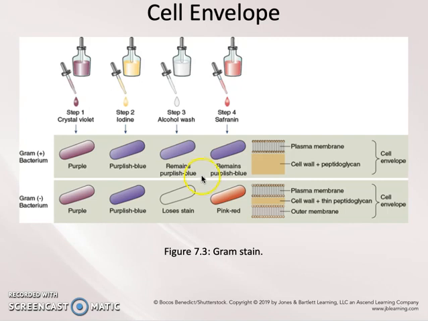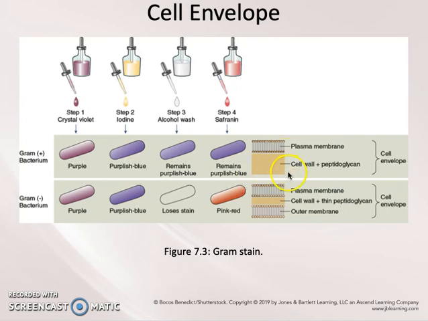At this point, you would only be able to see the gram-positive cells because the gram-negative cells would be clear or transparent. So instead, we use a second stain that's of a different color, safranin. Safranin would stain the cells that have no stain a pink or red color, whereas the gram-positive cells will remain that dark purple that the crystal violet initially caused.